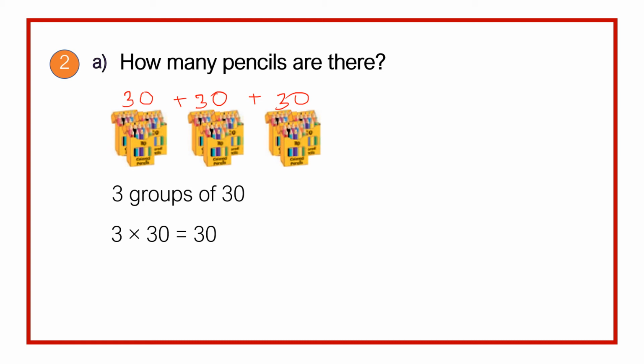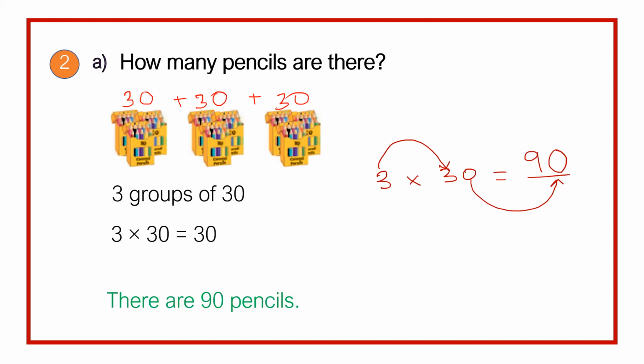You can do it easily: if you have 3 times 30, you can simply get 3 times 3, you get 9. And you bring 0 in the ones place, and you come up with 90. So there are 90 pesos.